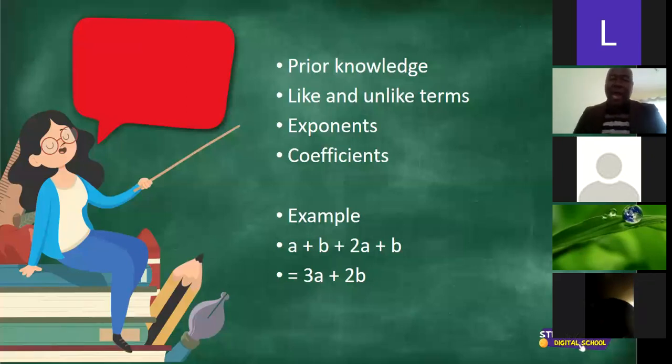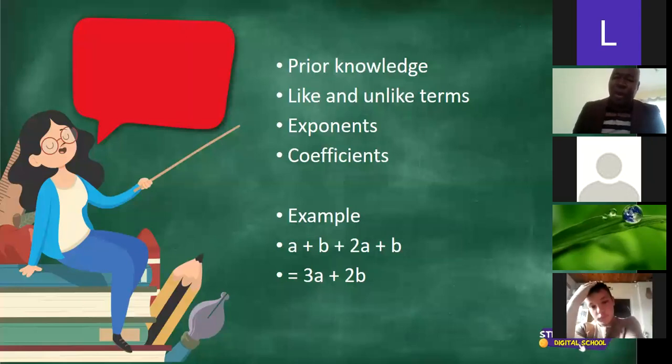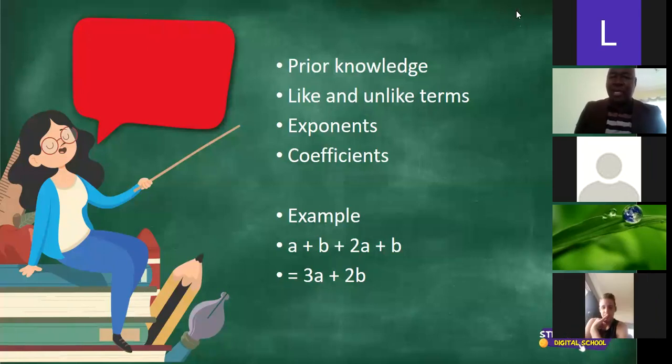So if I can ask one of the learners, before you go to the final answer in the example, what are the like terms? Just give me the like terms in the expression A plus B plus 2A plus B. I see there are 13 participants whose hands are up.